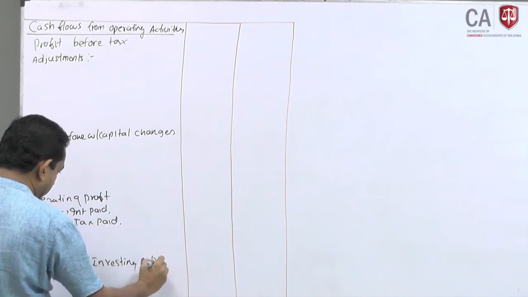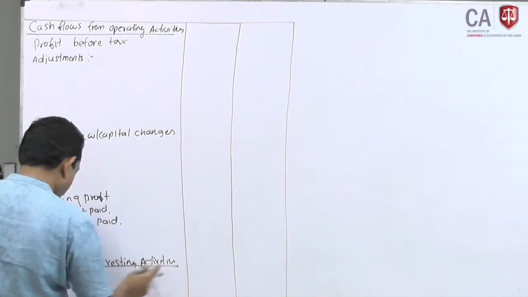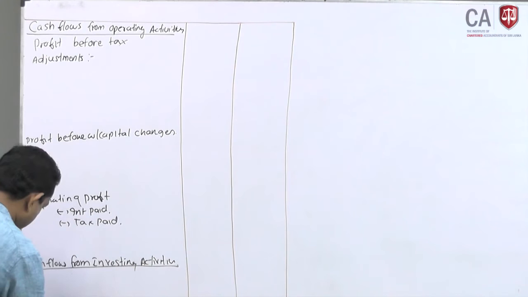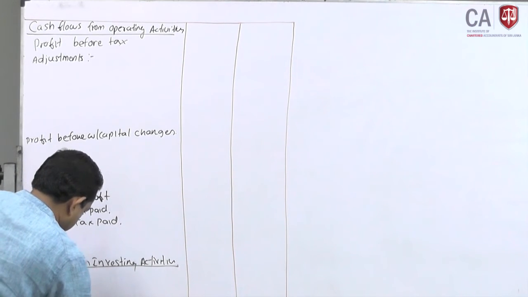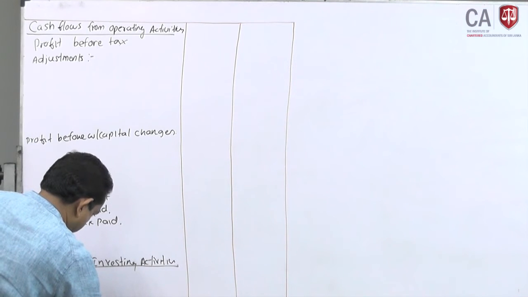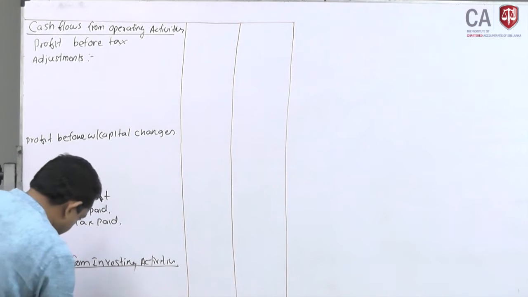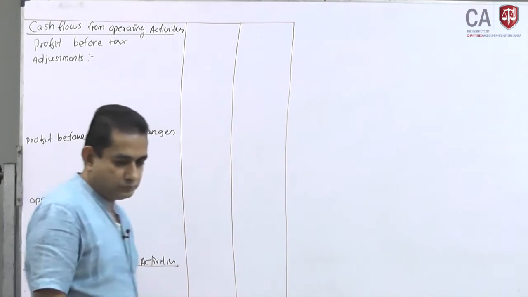We will keep some space to include the transaction items here, and the last item, cash flows from financing activities.